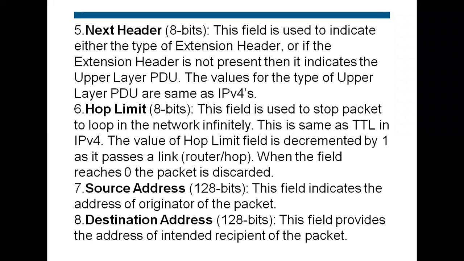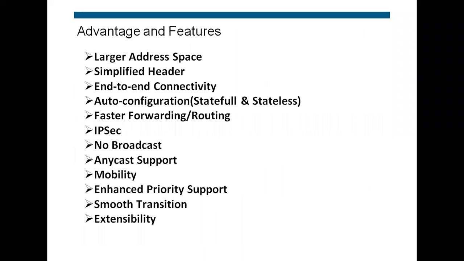Why do we use the next header here? Because options are not here, we removed the options. Then if any additional feature is required, the next header can be attached. If the next header is not there, then the upper layer PDU will be there in the next header. That information we can get. Hop limit, all these things we have already discussed.